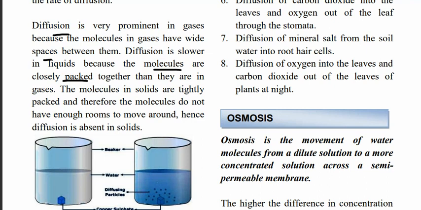Now, the molecules in solids are tightly packed and therefore the molecules do not have enough room to move around. Hence, diffusion is absent in solids. So diffusion only occurs in gases and liquids.